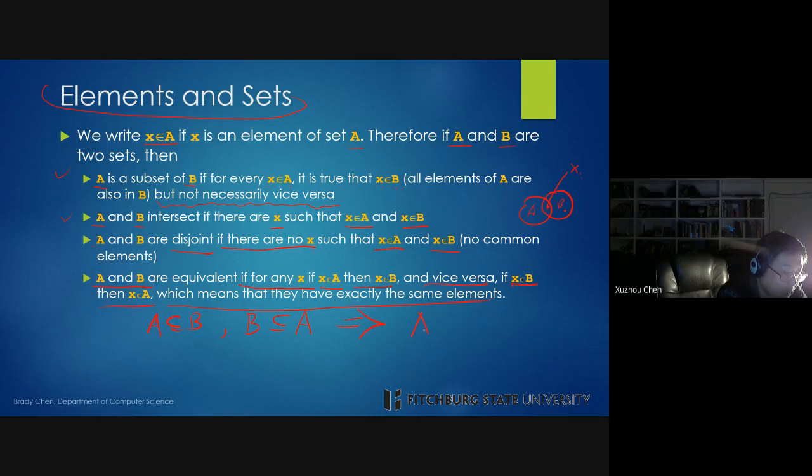Then you can say A equals B, right? So these are the four propositions. You can basically define the subset, intersection, disjoint sets and equivalent sets using the elements of sets.